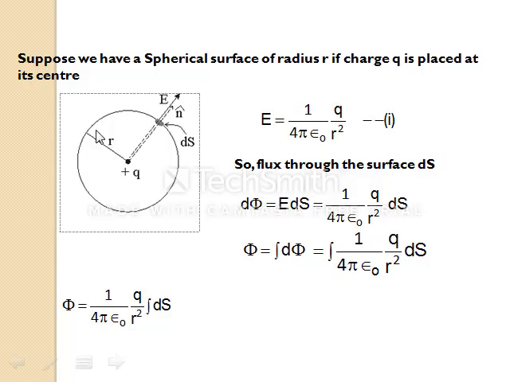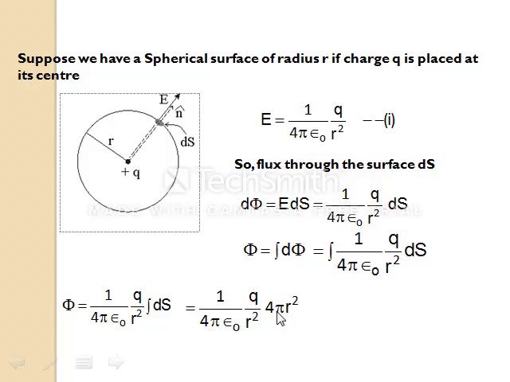Now there are various such ds on different parts of the sphere. If you add all such ds, this will give you the complete sphere. So integral ds means sum of all such elementary ds. That gives you complete area of the sphere, 4 pi r square. Or for this integral ds, we can substitute 4 pi r square. So let's do that. And this is the result.